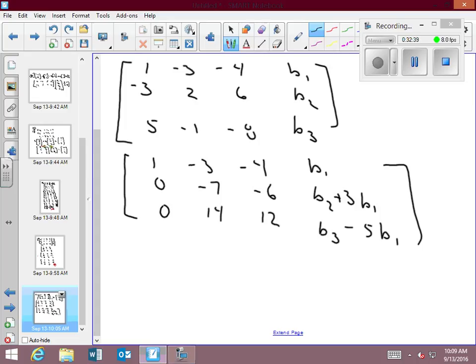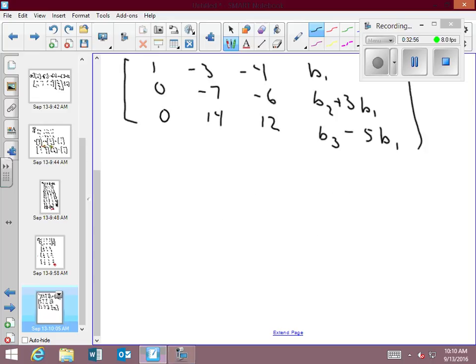If I took 2 times this before I divided that out, it would get rid of this one and it'd make that 0, right? And then I'd have 3. I'm going to leave this.